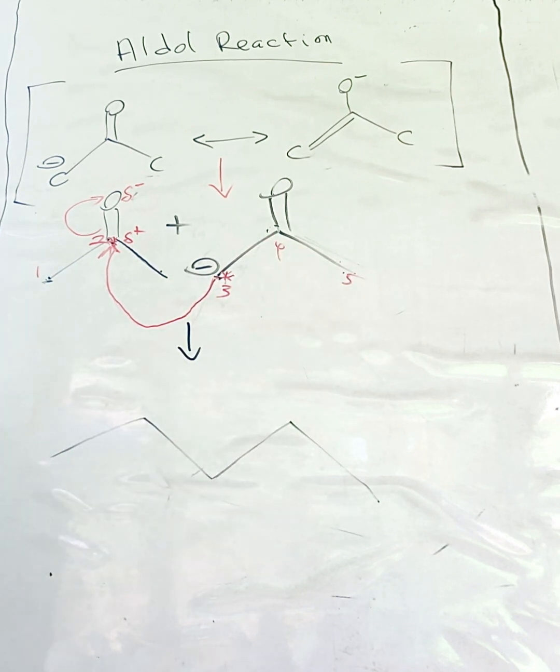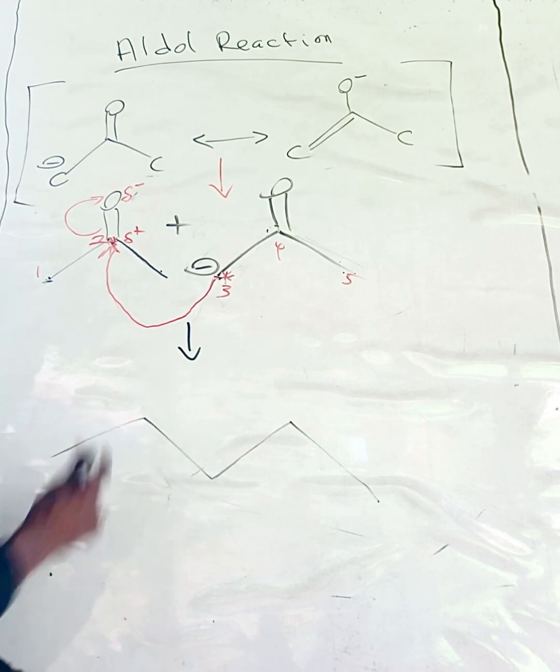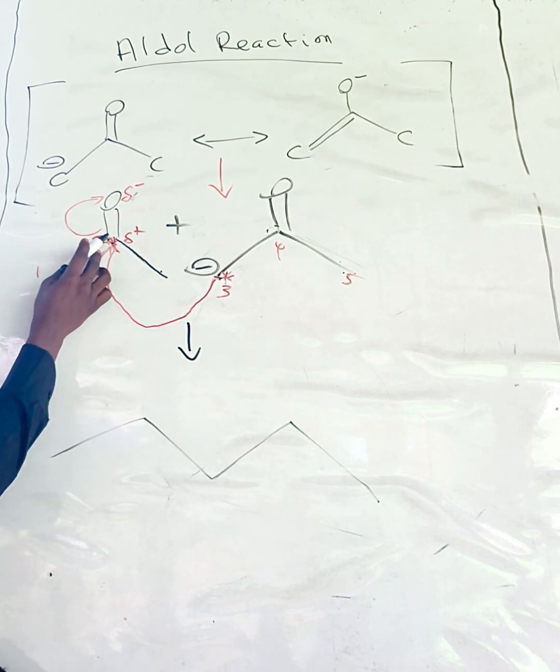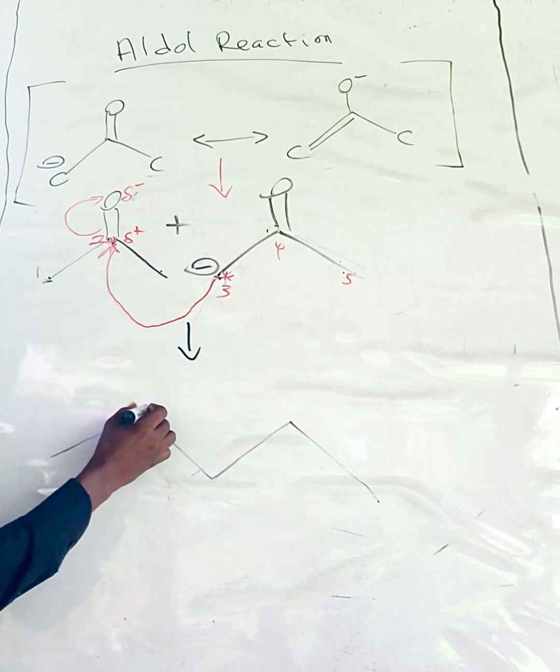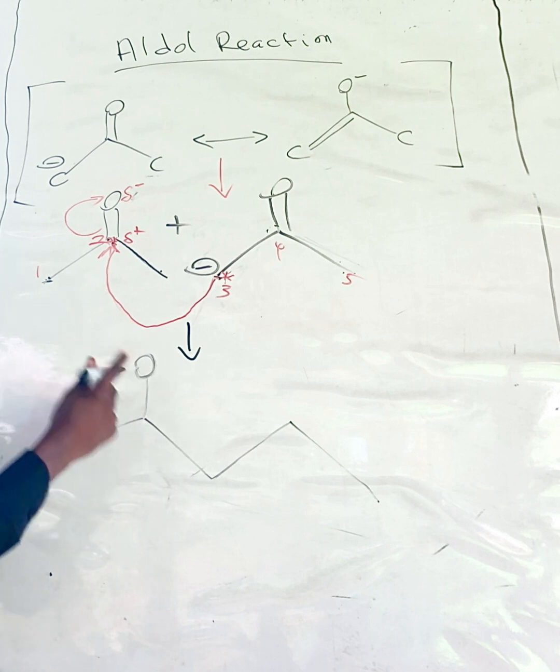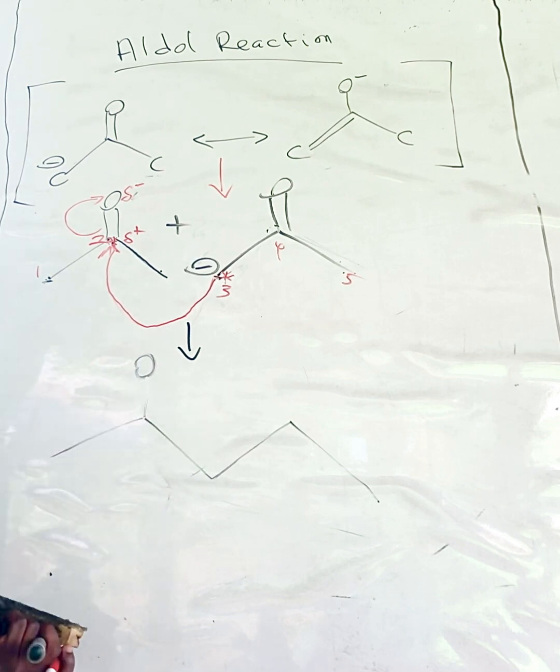Is that not it? Now, my carbon 1, is there any substituent on it? No, there is no substituent, so I will leave it empty like that. If I come to carbon 2, check. Is there any substituent there? Yes, there is a substituent. We have oxygen attached to carbon 2, right? Now, this time, this oxygen is not having a double bond.